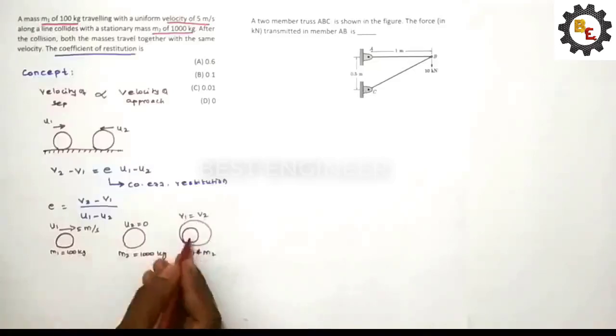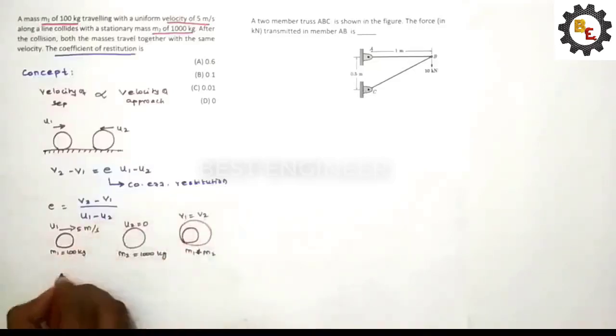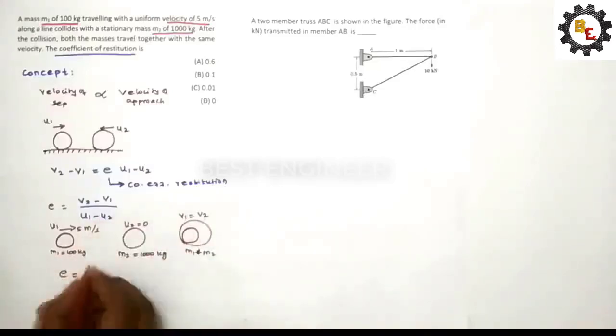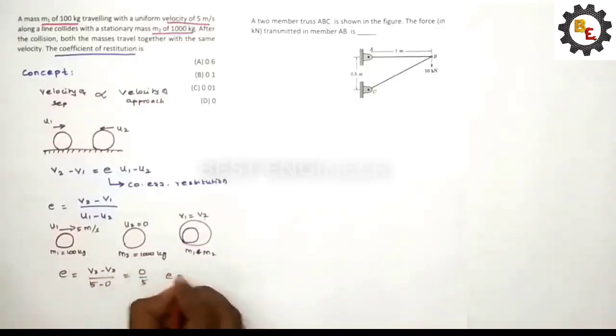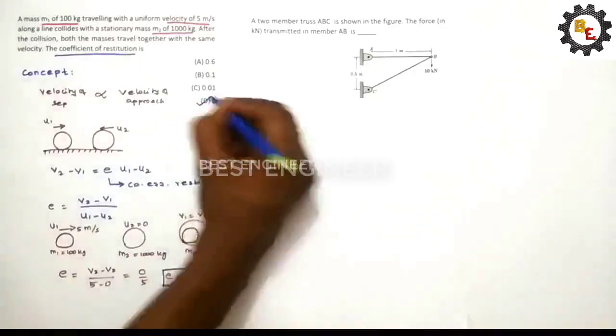Now apply v1 and v2 here. E equals v2 minus v2 divided by 5 minus 0, which is equal to 0 by 5. So e equals 0. The coefficient of restitution is 0. So option D is the correct answer.